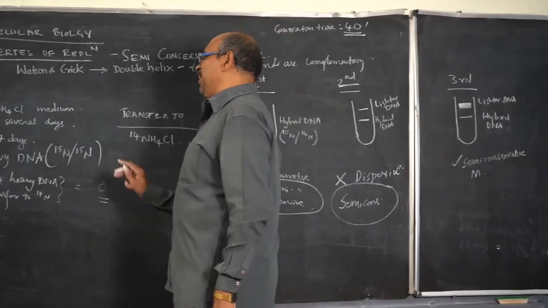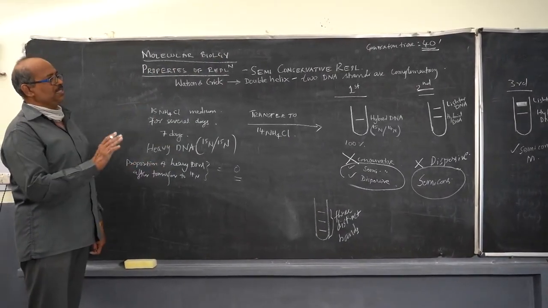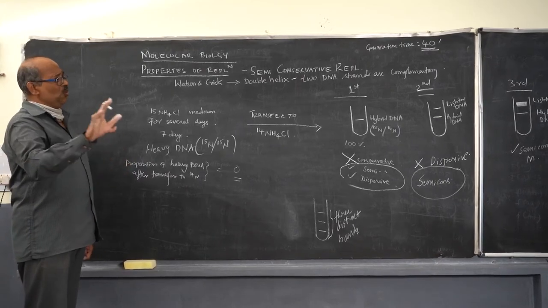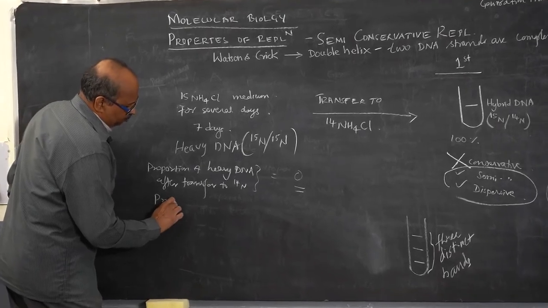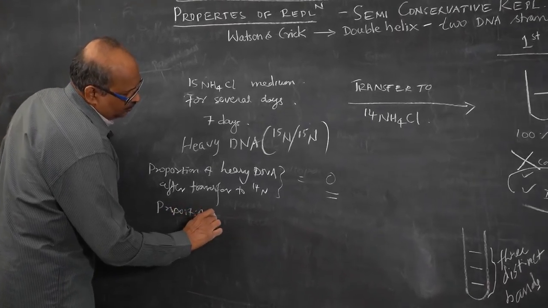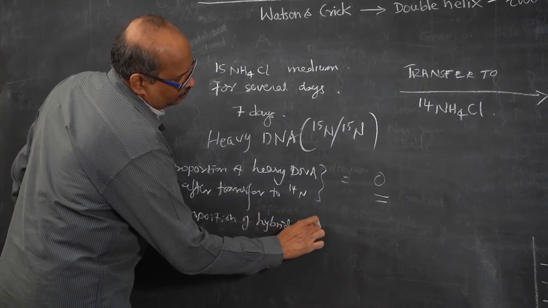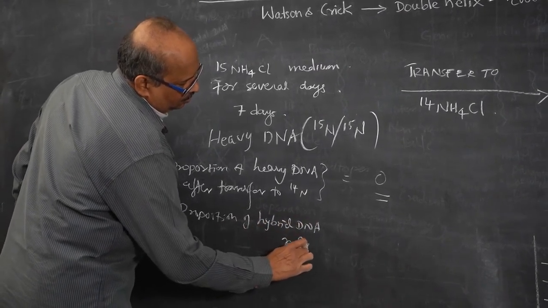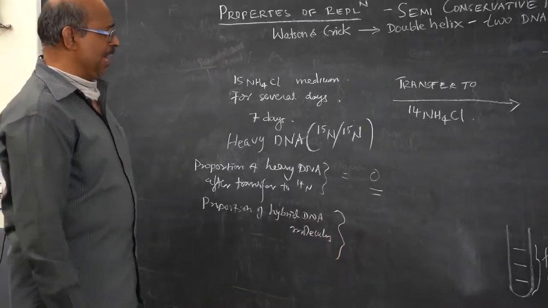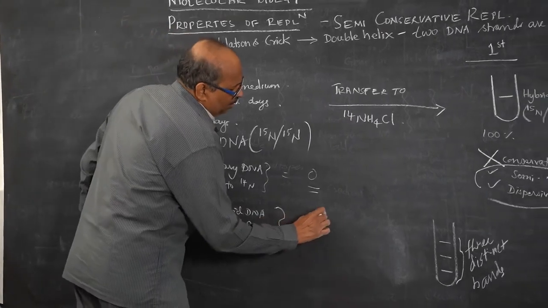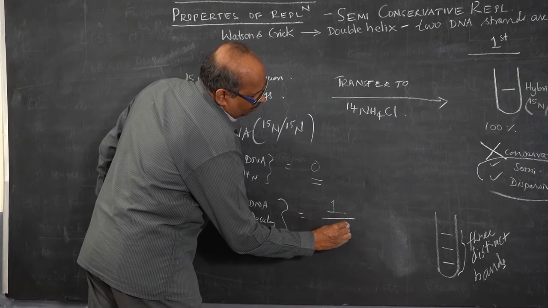Heavy DNA only comes before the transfer; once you have transferred in the Meselson-Stahl experiment, there are no heavy DNA molecules. The proportion of hybrid DNA molecules after the transfer will be 1 over 2 raised to the power n minus 1.